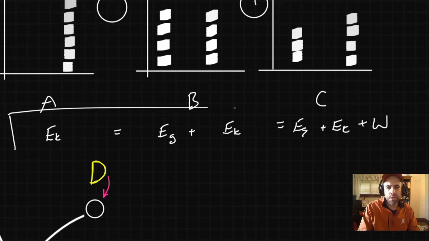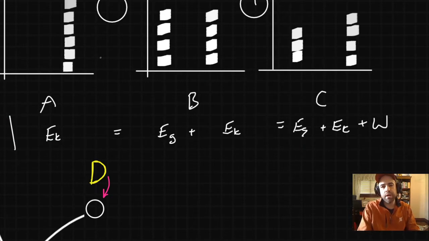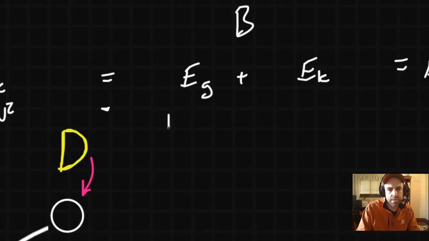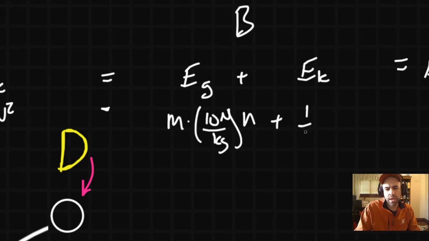So this sort of equation that relates the three parts of the LOL diagrams is going to be really useful for us because now I can literally just start plugging stuff in. 1/2 mv squared will be equal to mass times 10 newtons per kilogram times the height plus 1/2 mv squared.